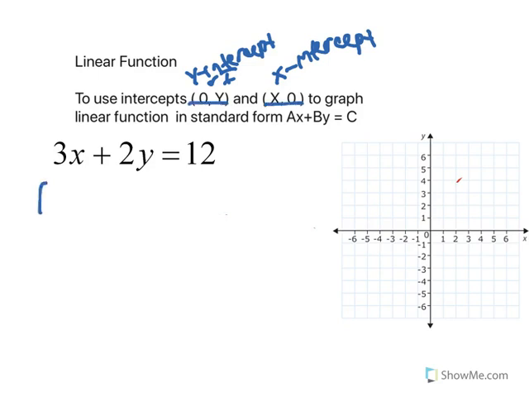Okay, so the first thing is you have to ask yourself, in order to graph a line, you have to remember all you need is 2 points.